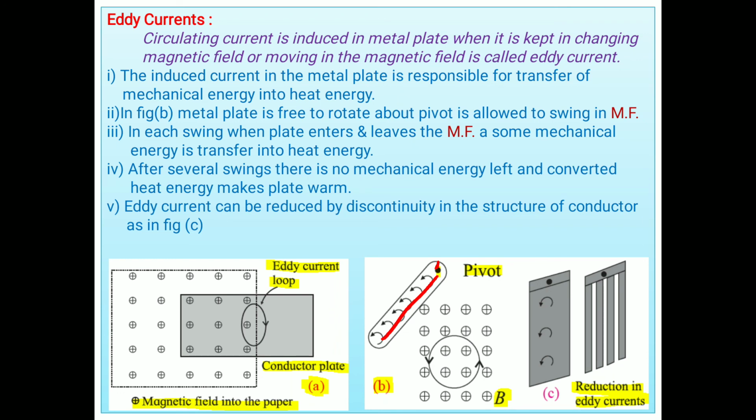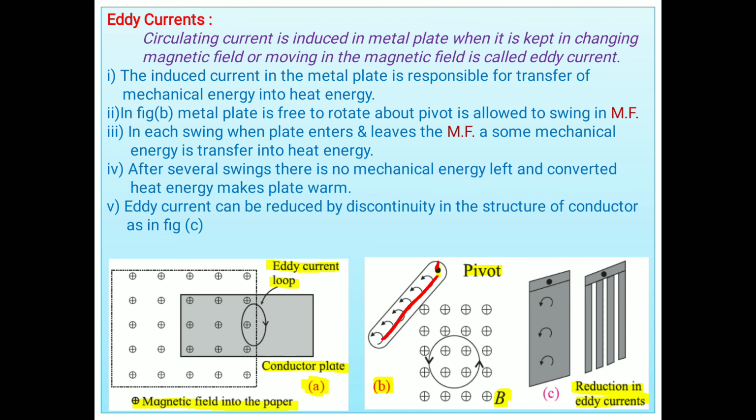After several swings, there is no mechanical energy left, and the converted heat energy makes the plate warm. When the plate oscillates in the magnetic field, it becomes warm because mechanical energy gets converted into heat energy.